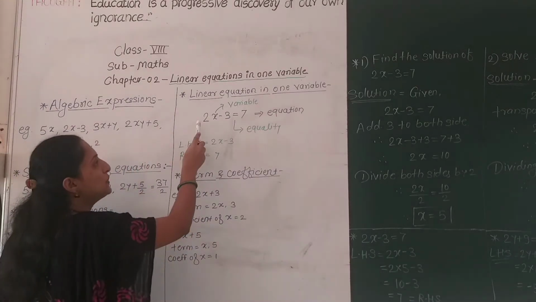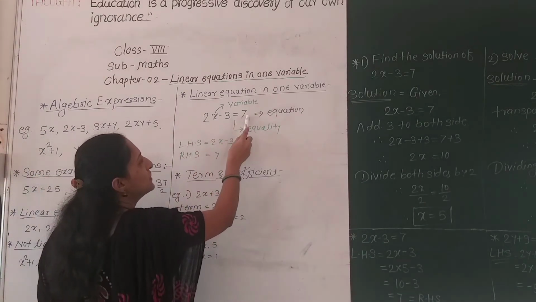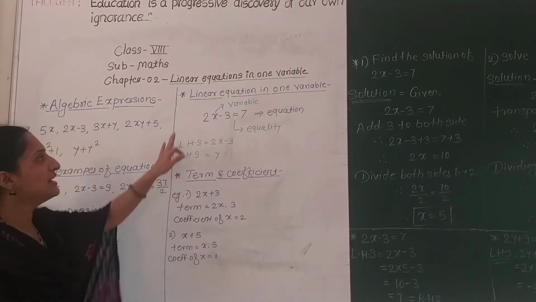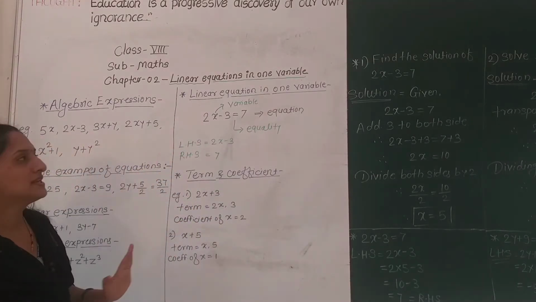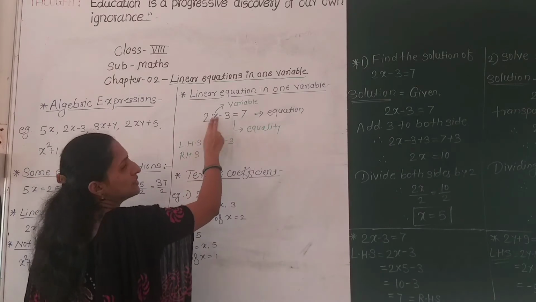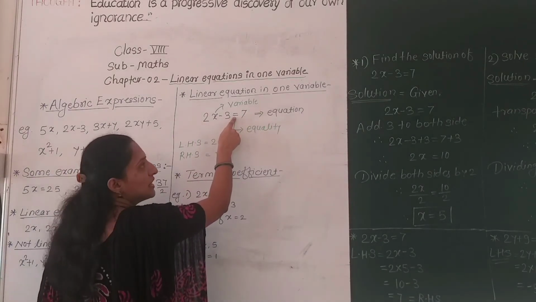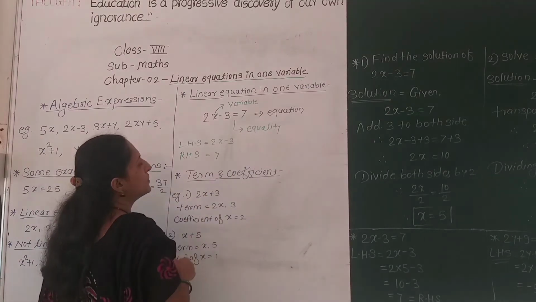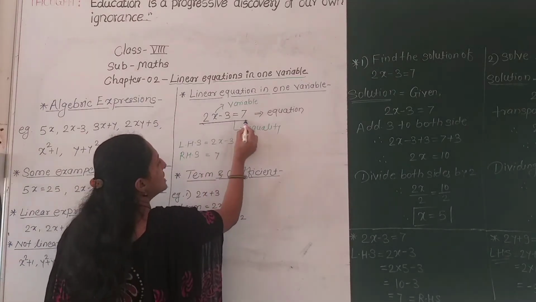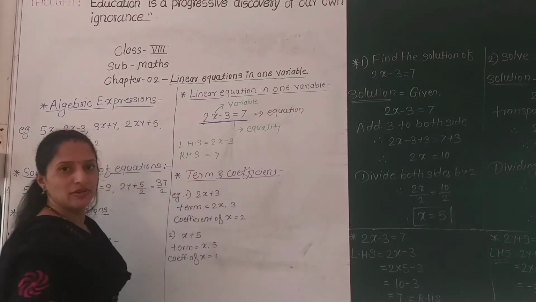Look at here, 2x minus 3 is equal to 7. Now it is an equation. Why is it an equation? Since there are two algebraic expressions which contain an equality sign between them. So it is an algebraic equation. Okay.